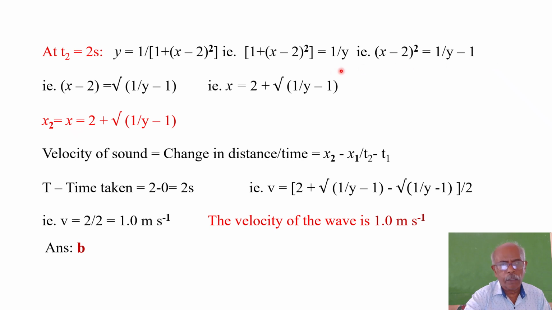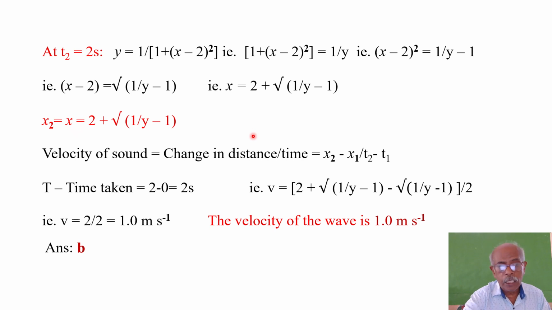Taking square root on both sides, x minus 2 is equal to the square root of 1 by y minus 1. You put this 2 also to the other side. x is equal to 2 plus square root of 1 by y minus 1. Let it be x2. So x2 is equal to 2 plus root of 1 by y minus 1.